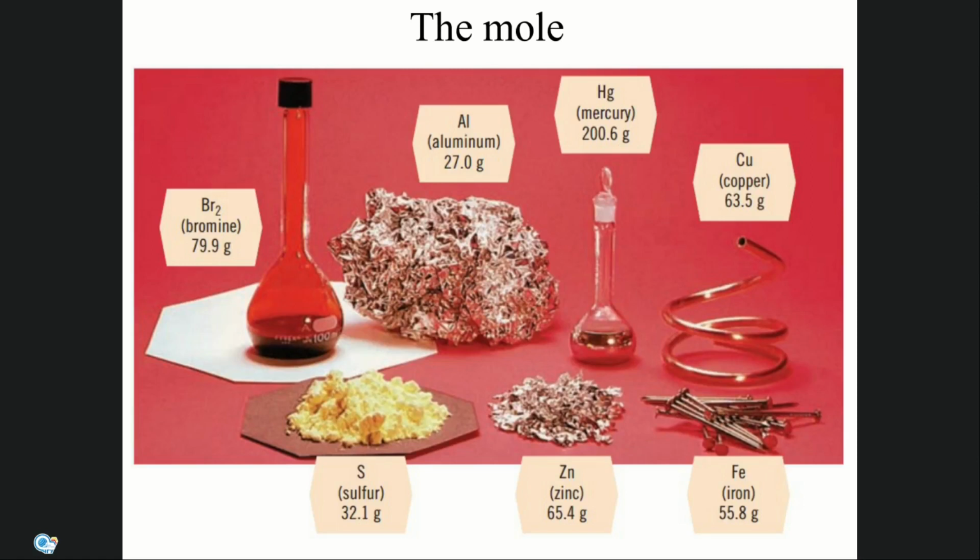The SI unit for amount is the mole. It's defined as the amount of substance that contains as many entities, atoms, molecules, or other particles, as there are atoms in exactly 12 grams of pure carbon-12 atoms.